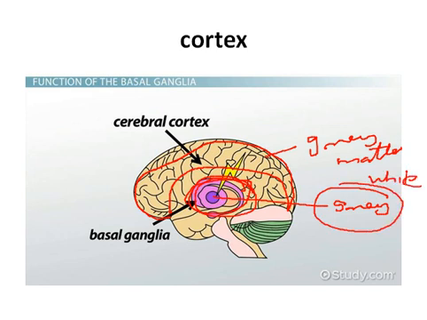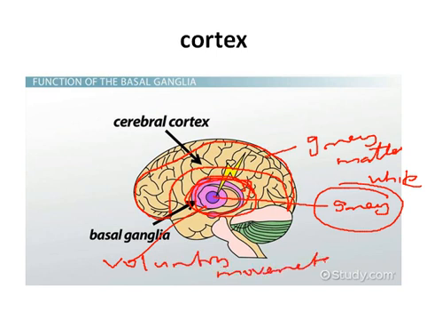Okay, so inside the cerebrum, if you check, you can see a group of gray matter, and this gray matter is surrounded by white matter. This is called basal ganglia, and this basal ganglia mainly helps in the voluntary movements.